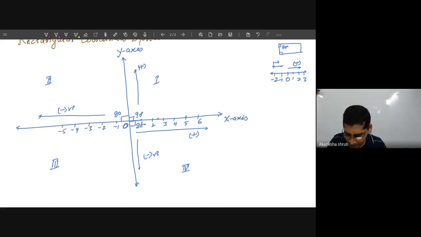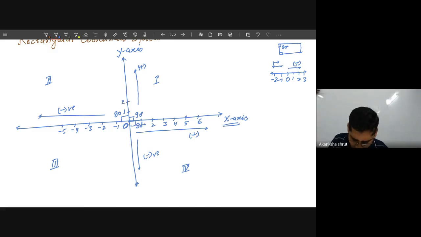So, student, this is what we have to keep in mind for the x-axis. Similarly, for the y-axis, if the distance is measured from the origin in the upward direction, it is numbered as positive, taking an equal length, say 1 centimeter each.